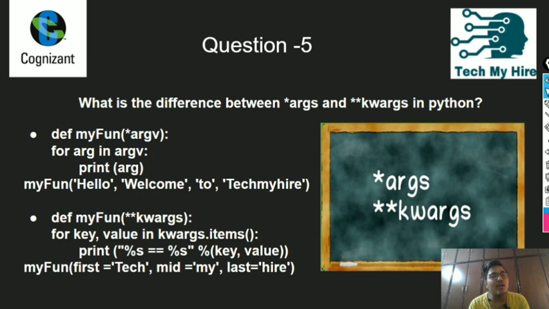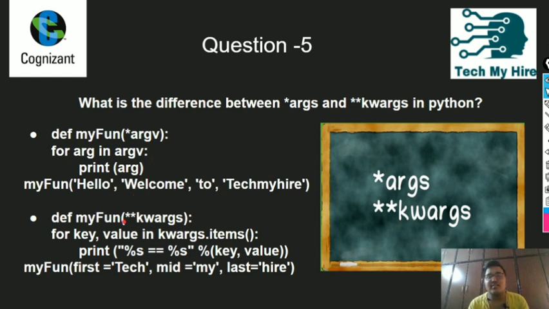In the next go, I am going to pass welcome to Tech Mahir. So if I don't know the parameters in advance, I can pass *args. Args is a list where it can collect the number of parameters that are passed in the function. If I don't know the number of parameters to be passed to the function in advance, I can use args.